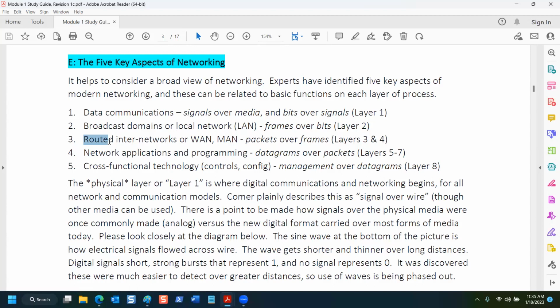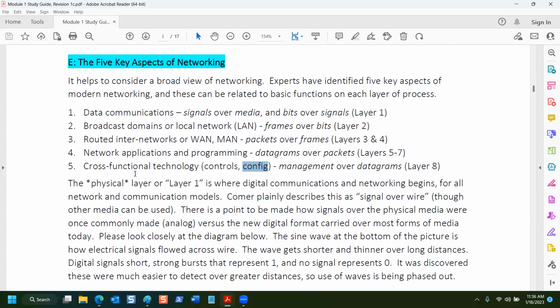Many WAPs are designed without a route function. And that means that they're basically just a way to repeat the wireless coverage. In any case, you have to be able to control those WAPs. You have to be able to configure those things, the switches, the hubs, all of the network infrastructure, the bridges and routers, all of that. That has to do with the last aspect of networking.